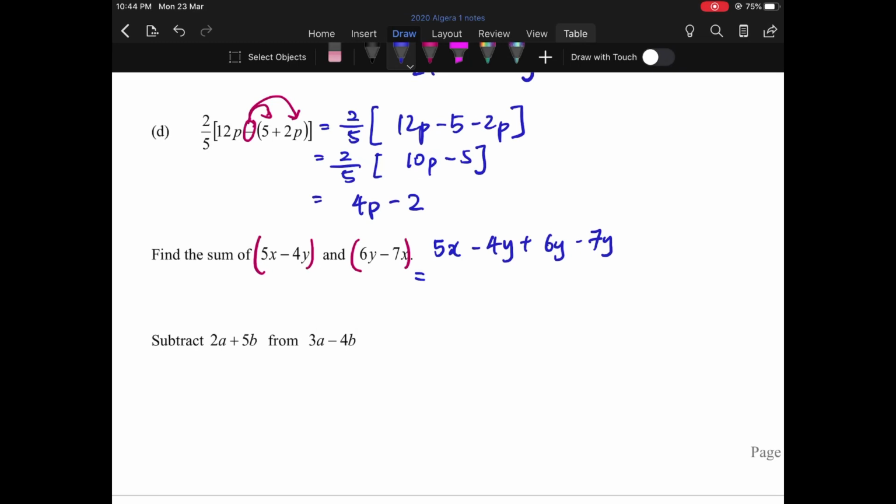So, sorry about that, 7x. So grouping up the like terms together, 5x minus 7x, minus 4y plus 6y. So you will get negative 2x, negative 4y plus 6y. You will get positive 2y.